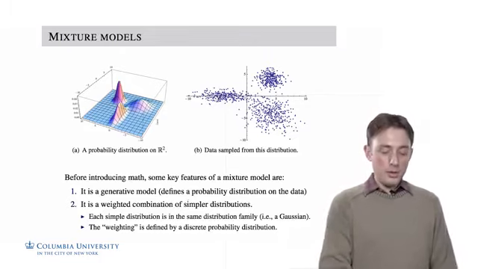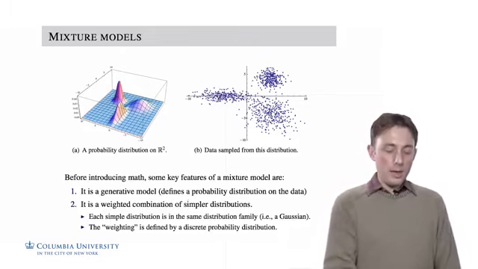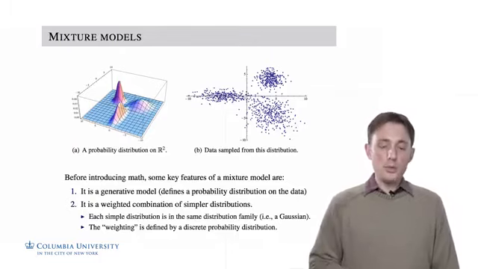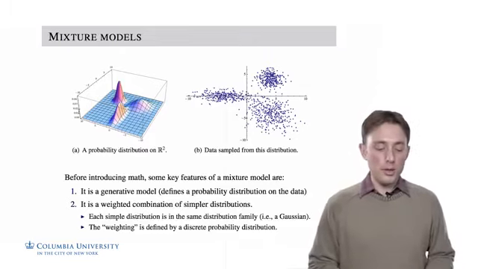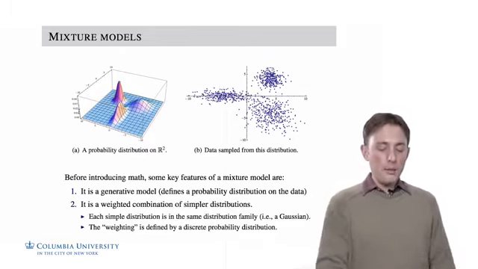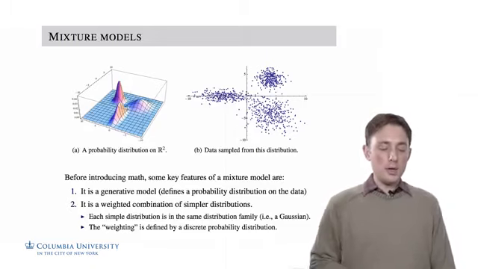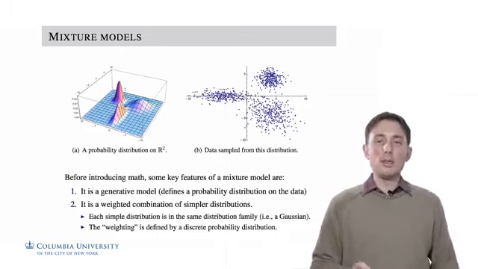So for example, you can look up here where we have data in R2, and so we want to learn a distribution on R2, and the third dimension corresponds to the density at a given point in R2. And we construct this complex density of these three humps here by taking a weighted combination of three simpler distributions.